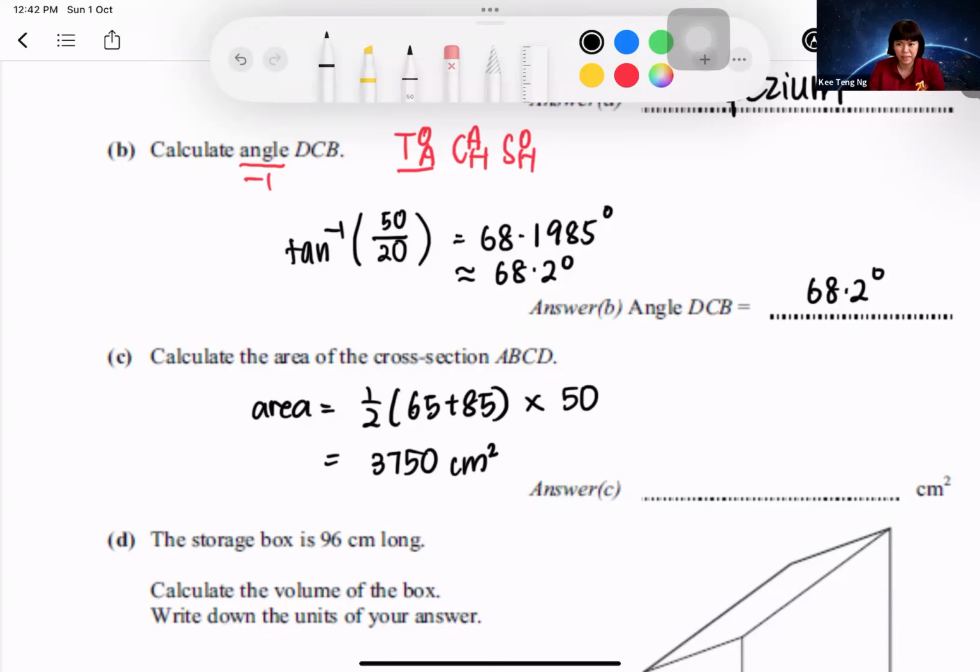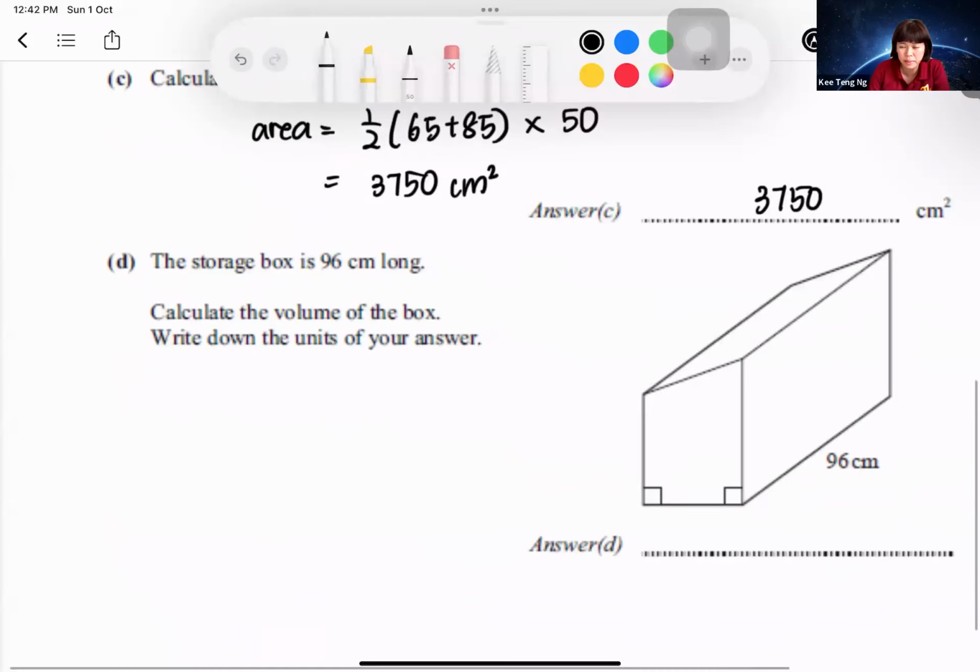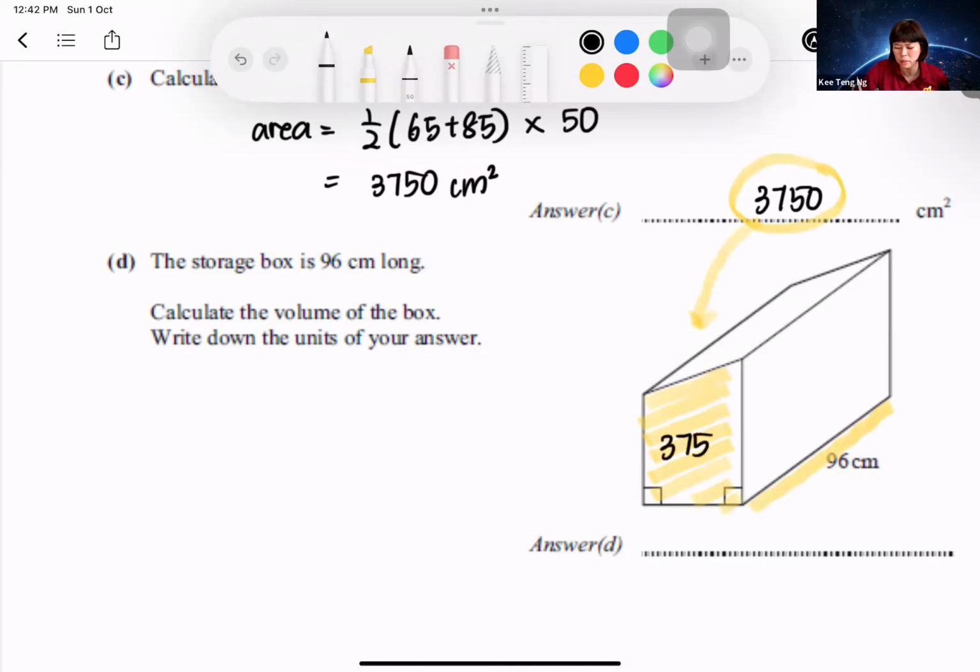Right. And now next one over here. After we found the area of my cross section, they tell me that this storage box is 96 cm long. So this whole thing is 96 cm long, and this cross section over here is the area that we have calculated just now, 3750.